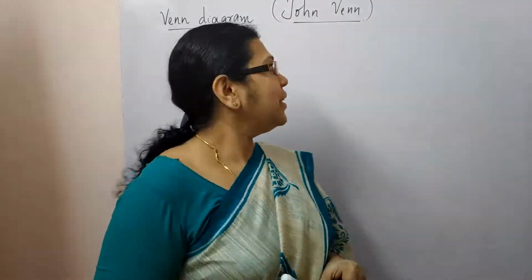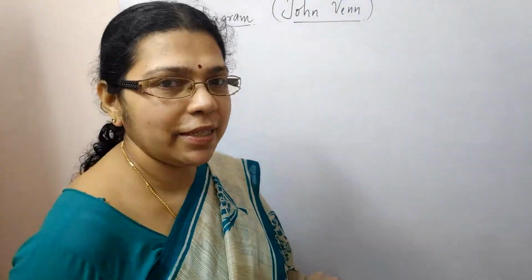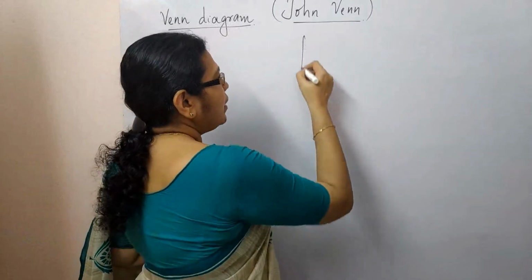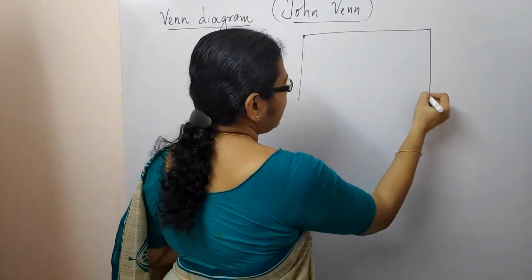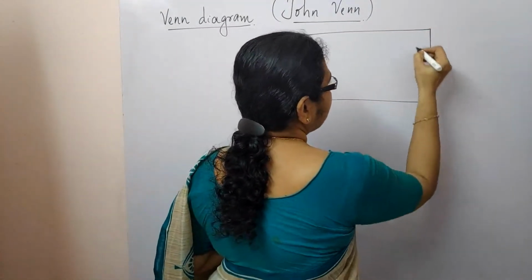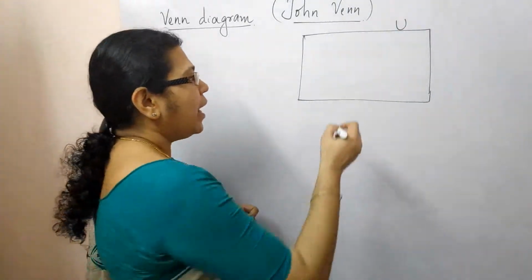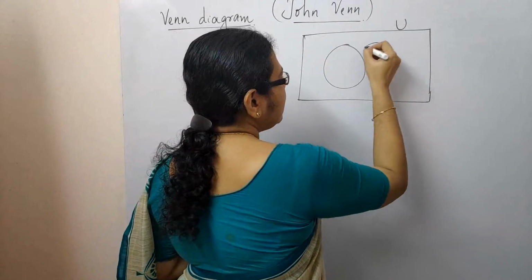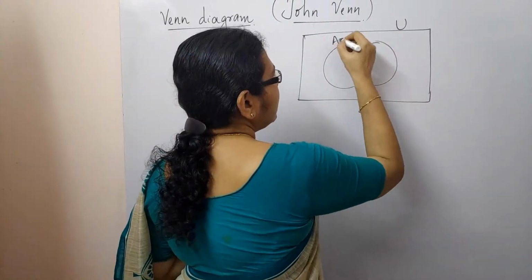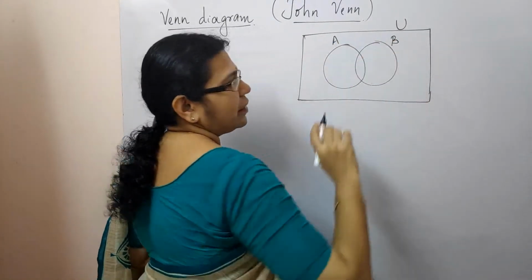Now, let's see how the universal set and the other subsets of universal sets are notated in a Venn diagram. The universal set is represented by a rectangular box. This is the universal set. And the subset that is defined under this is notated by circles.